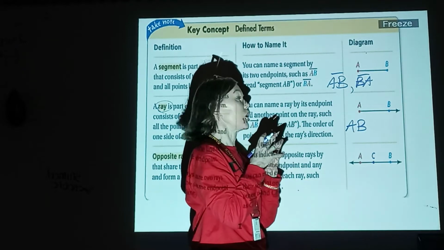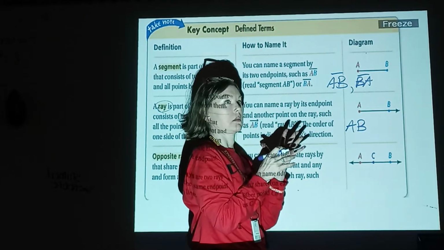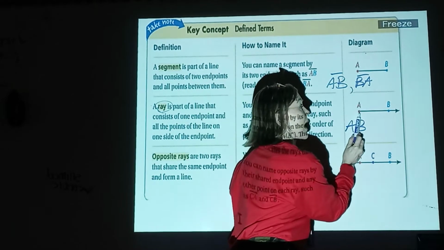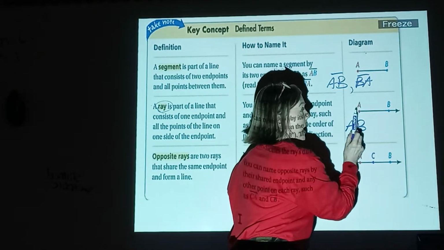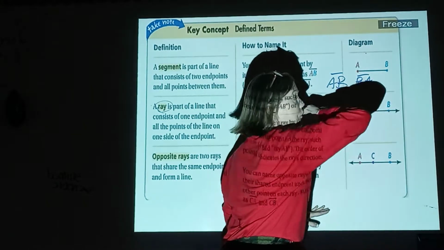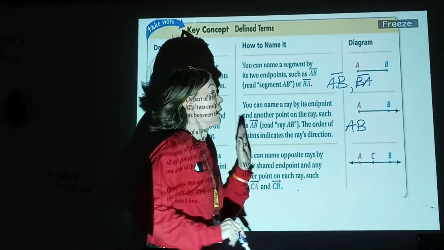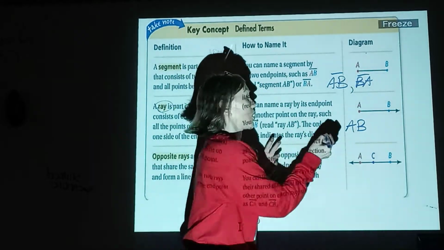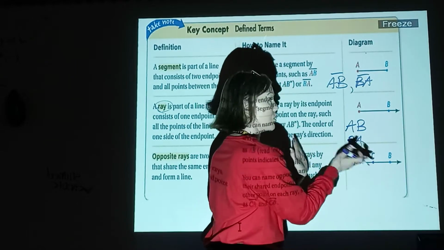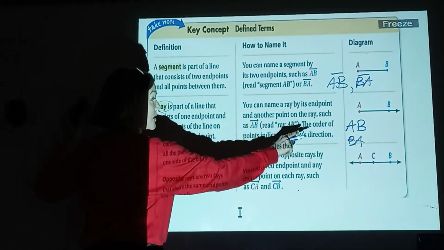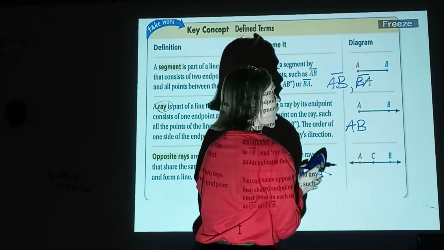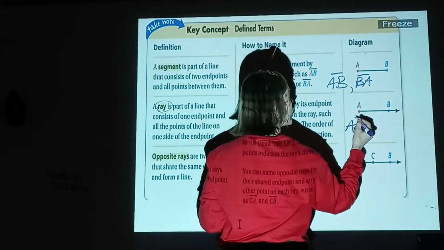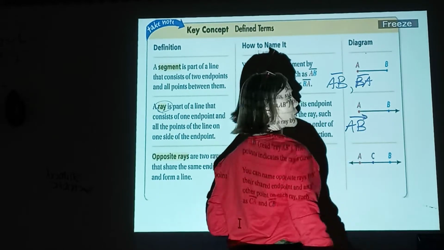You can only use A-B, because with a ray, it starts at A and goes through B onto foreverness, in that one direction. So you have to write the letter A first. For example, you can't write BA for this, because this ray doesn't start at B. It starts at A, which is why we write the A first. And then above it, you're going to write the line with the arrow.